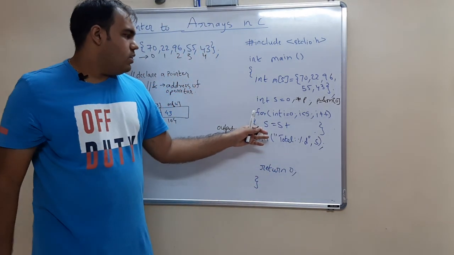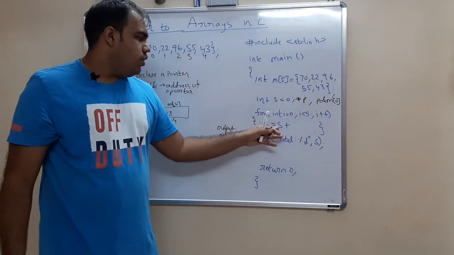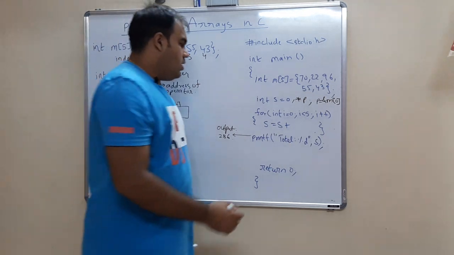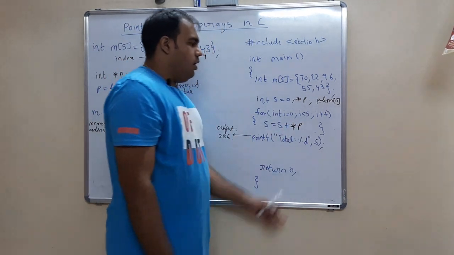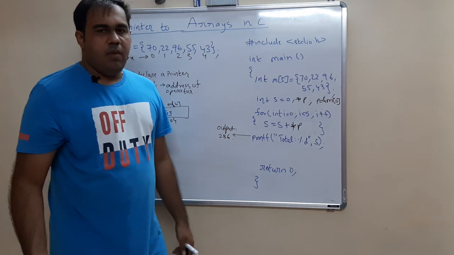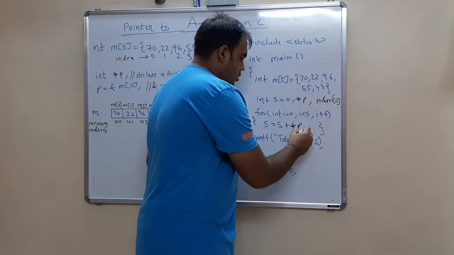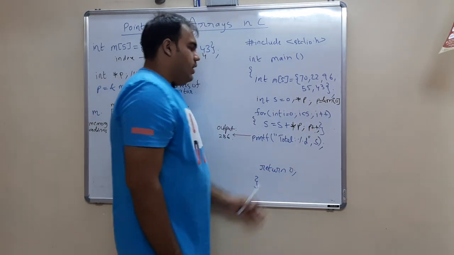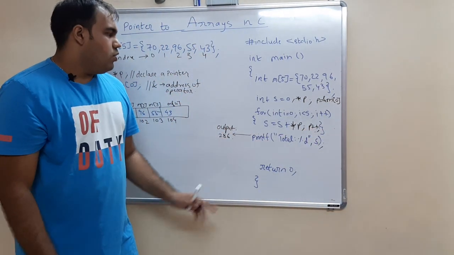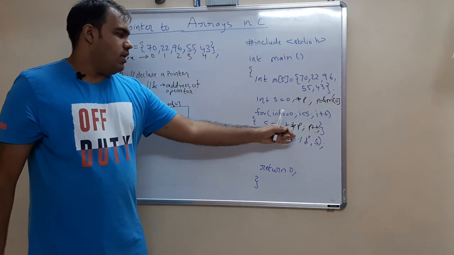Now what I'll do is s equals s plus asterisk p, and here I need to just do p plus plus as the next statement. Okay, so what will happen here is s equals s plus asterisk p.